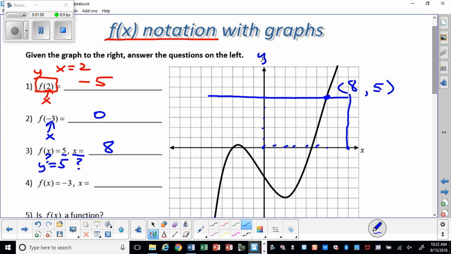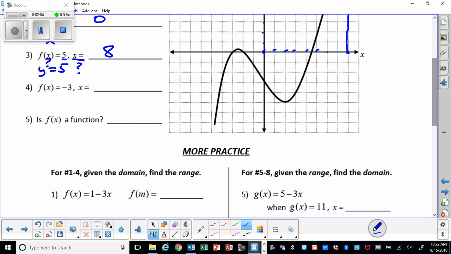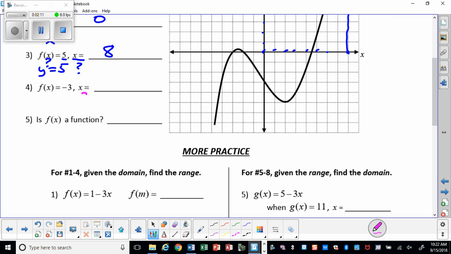Okay, and then again on number 4, we don't know what x is. Okay, you have to really be careful when you're reading what you're given. X, we don't know. Okay, that is a question mark, but we do know what y is. Y equals negative 3.